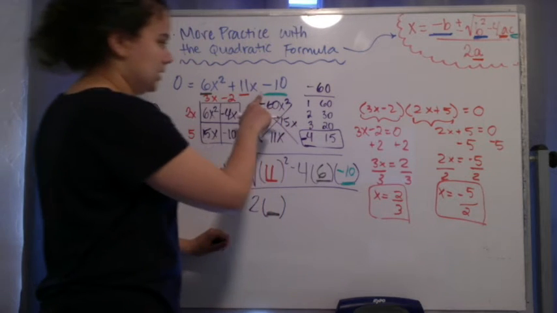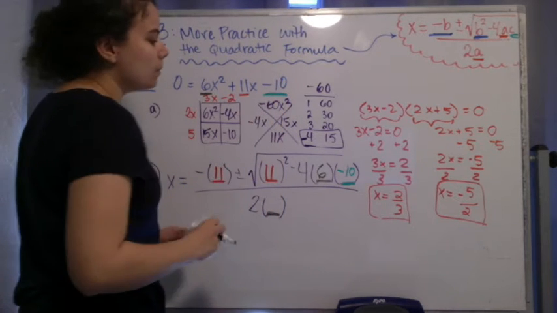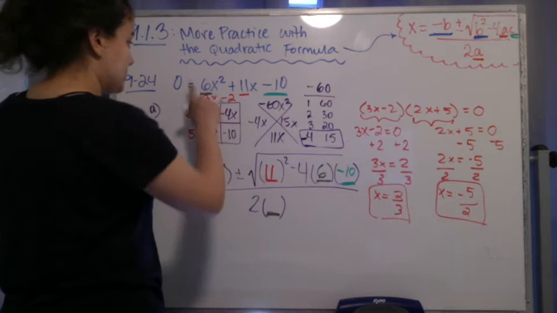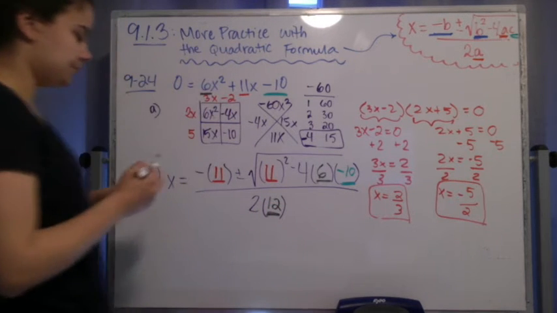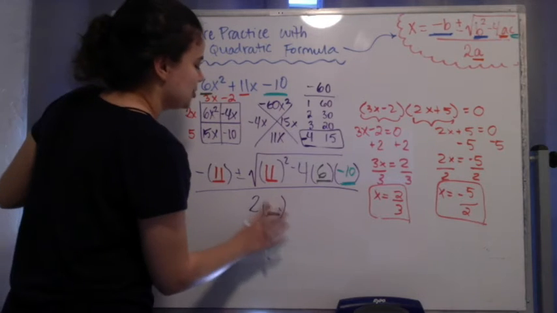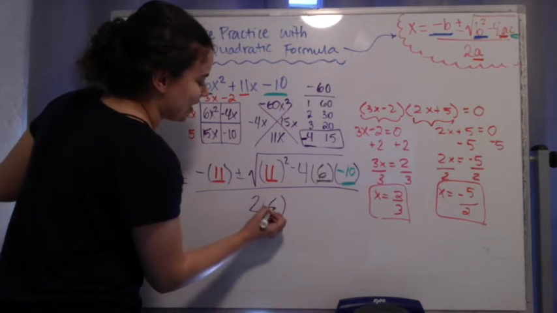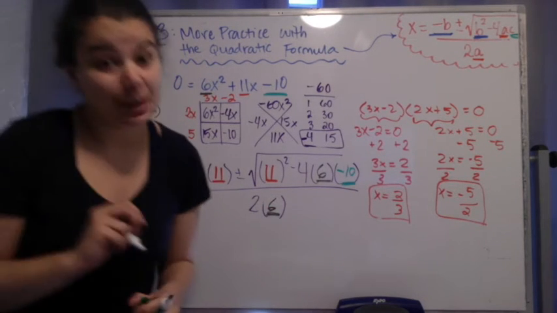Remember, we take the sign that's right before the number. All divided by 2 times a, so 2 times 6, which is 12. Sorry, we're going to plug in the 6. I got ahead of myself. Which in the next step will be 12.